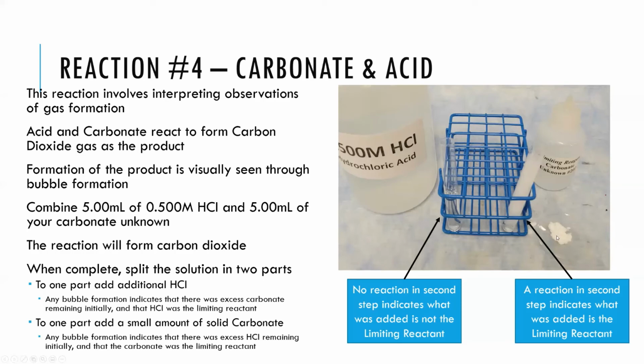So when I added more carbonate back into the test tube, it forms that carbon dioxide again. You can see those bubbles. And that would mean that the carbonate itself was the limiting reactant. So in your reaction, you're using some acid and your unknown and determining what is the limiting reactant of this combination. Is it hydrochloric acid or is it carbonate?